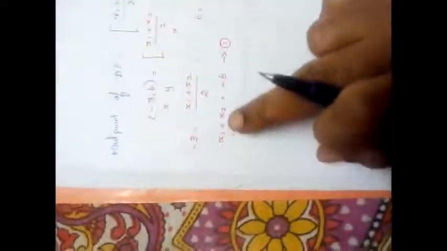Okay, now we are going to add the equations 1, 3, 5. It means we are going to add the x's. First equation is x1 plus x2, third equation x2 plus x3, and fifth equation x3 plus x1.